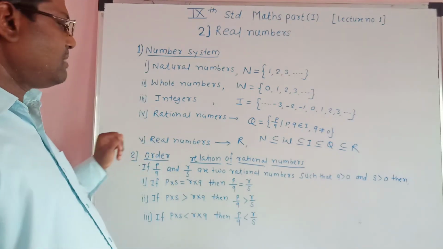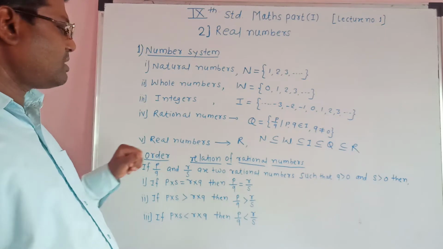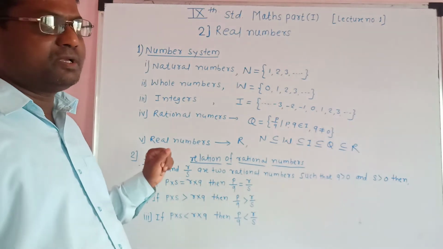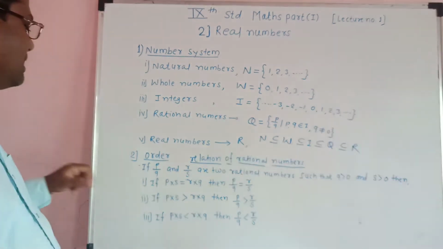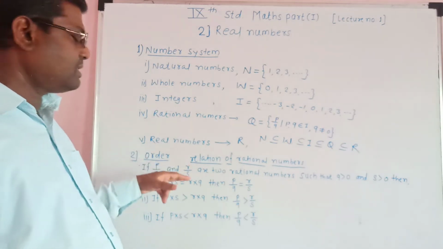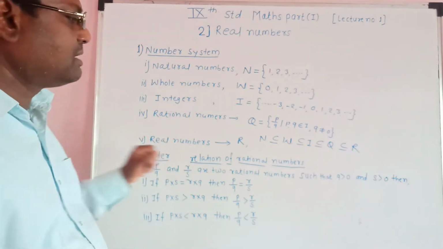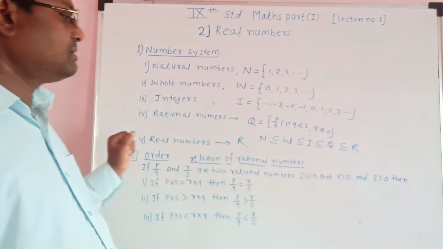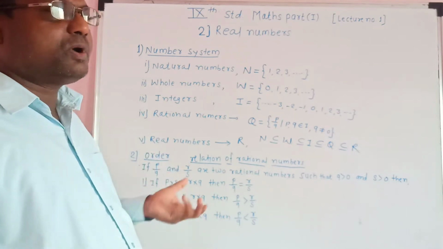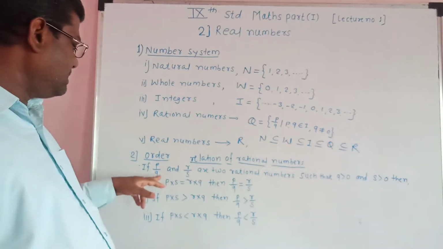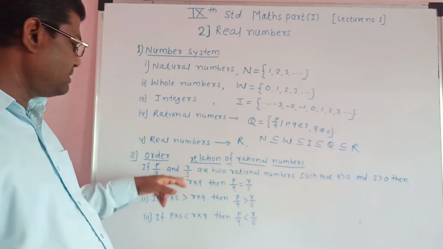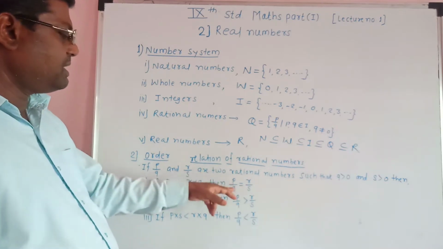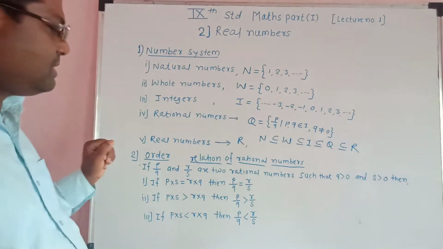Now let us see the order relation of rational numbers, that is, how to compare these rational numbers, which we have studied in 8th standard. If p upon q and r upon s are two rational numbers such that q is greater than 0 and s is greater than 0, that is, q and s are non-zero integers, then if the cross product p into s is equal to the cross product r into q, then p upon q is equal to r upon s.